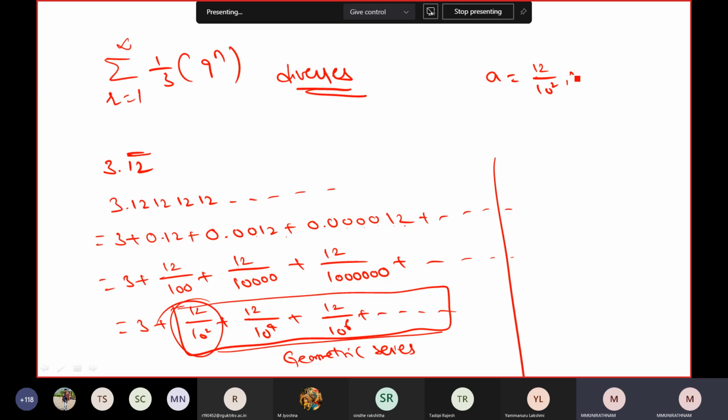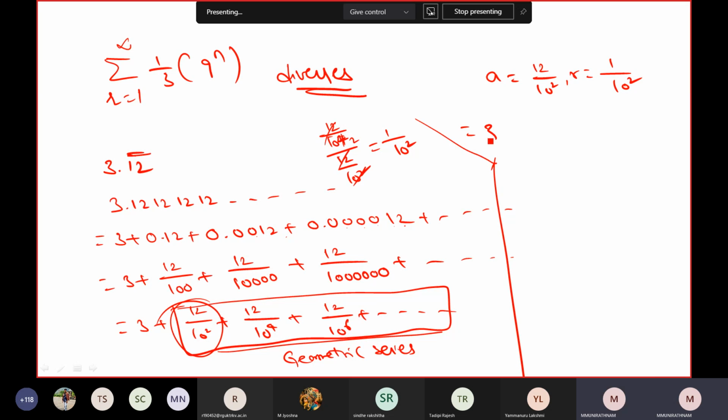What is r? The ratio a2 by a1, which is 12 by 10 power 4 by 12 by 10 square. How much is it? 1 by 10 square.